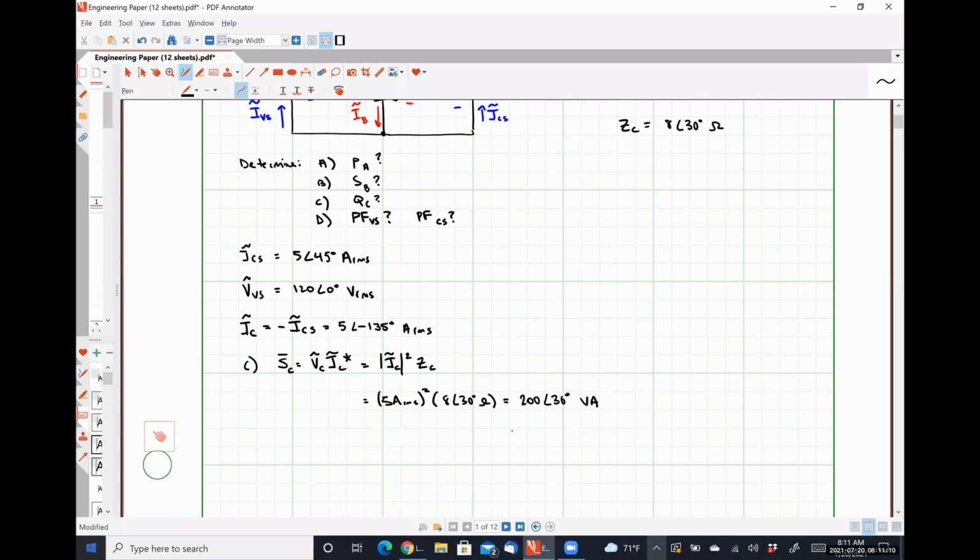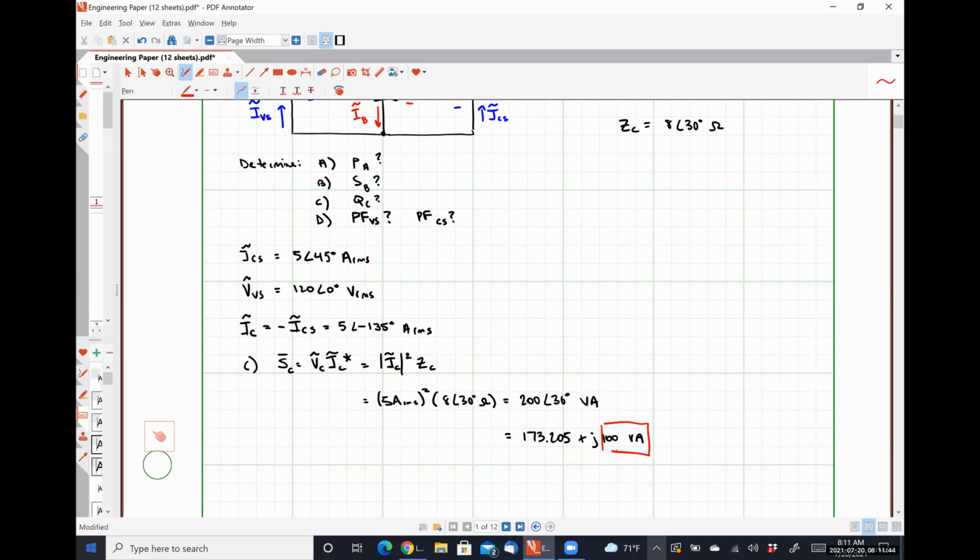volt amperes, which is the same as 173.205 plus J100 volt amperes. Since we're trying to find the reactive power, it's just this guy right here.